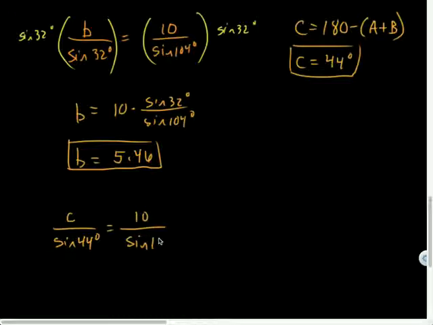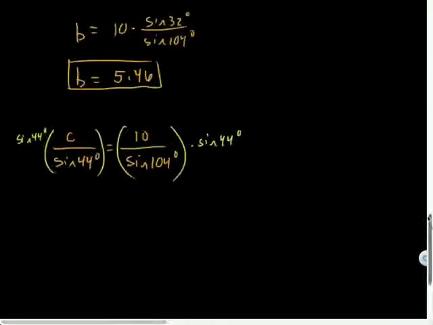So that's 10 over sine of 104 degrees. And now I could solve this, similar approach. Get c by itself. I'm going to just multiply both sides by sine 44. And I'll get little c is equal to 10 times sine of 44 degrees over sine of 104 degrees.